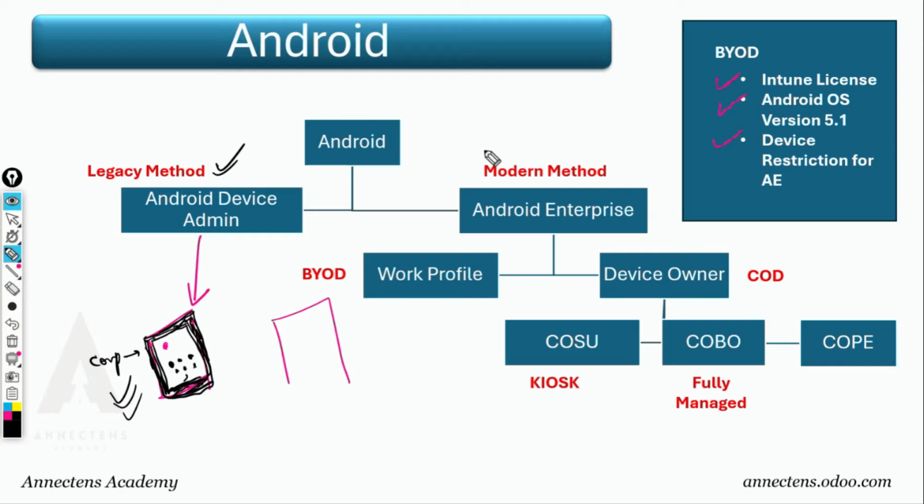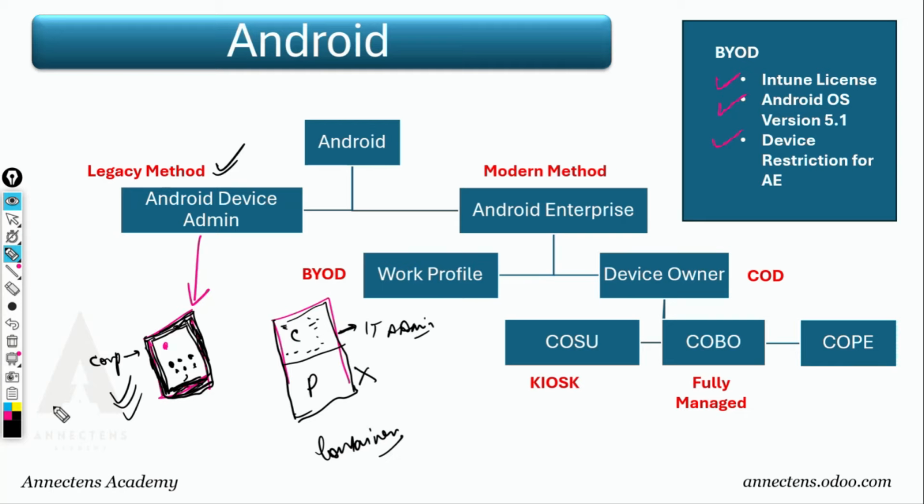Now we are going to talk about the new method, which is called Enterprise. Here in Enterprise there is containerization. In this container they segregate what is corporate and what is personal. Whatever applications you set up here will only be managed by IT admins, and they will not touch your personal stuff.